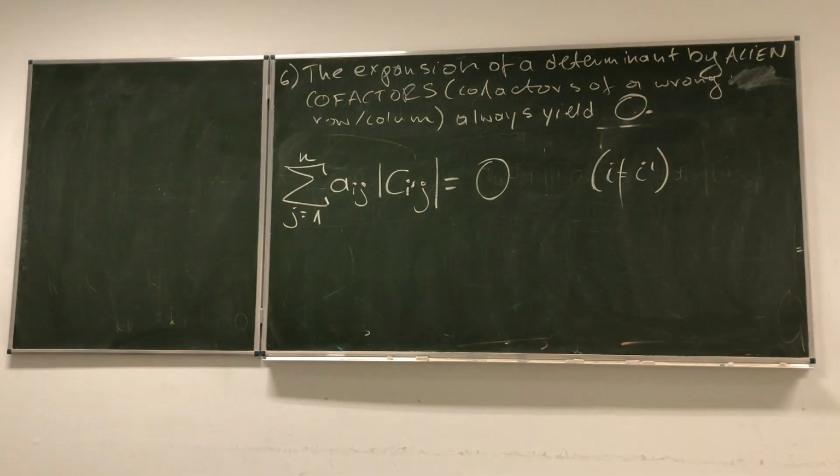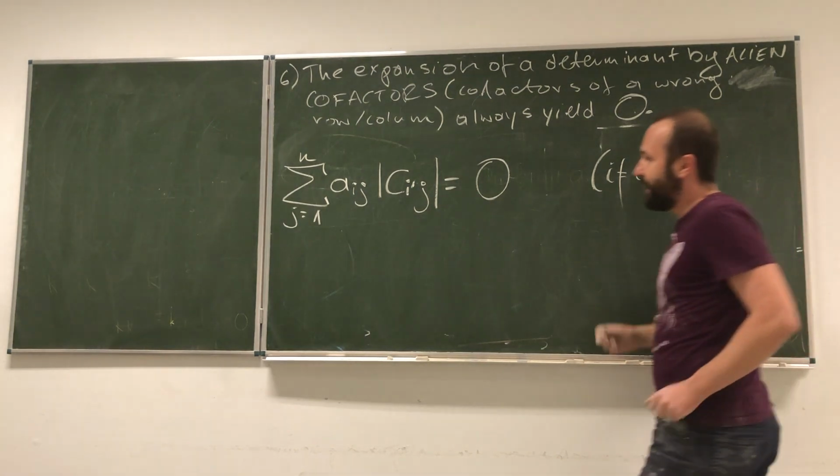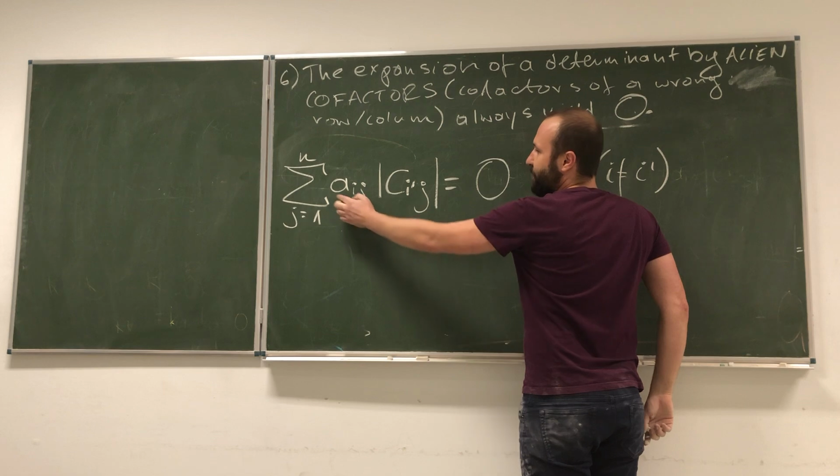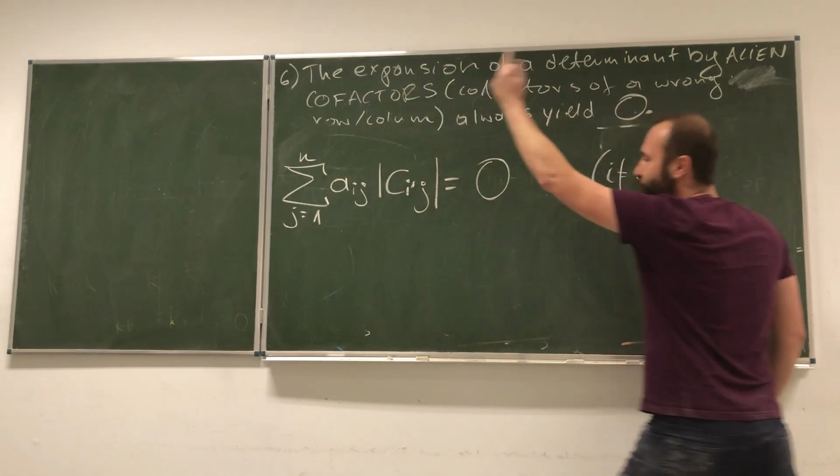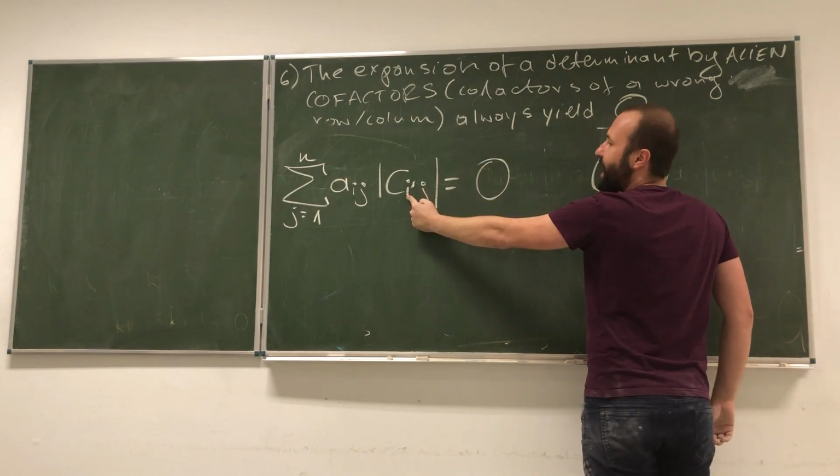Here what you see is expansion by elements from row i using cofactors from row i prime.